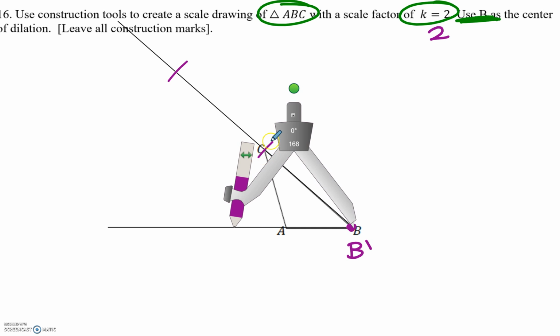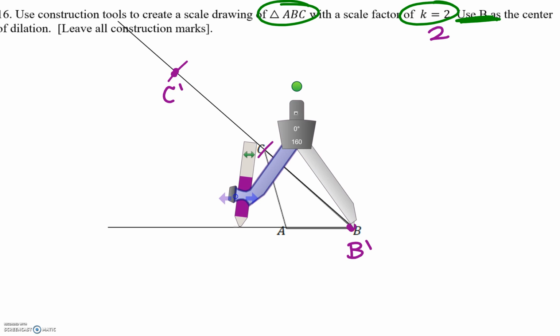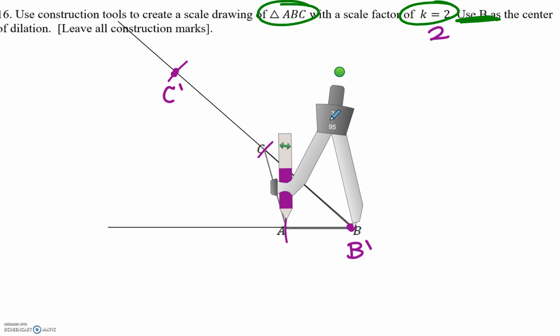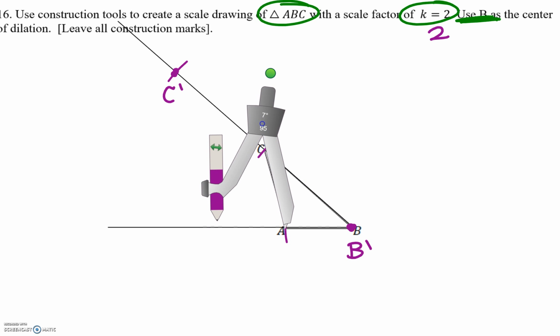So what I would have said was, since you moved C a distance twice as far apart, we're going to mark that as C prime. So from here, we're going to take our needle, put it at B, measure it to A, and mark it with a scale factor of 1. And then again, we have to go twice as big.